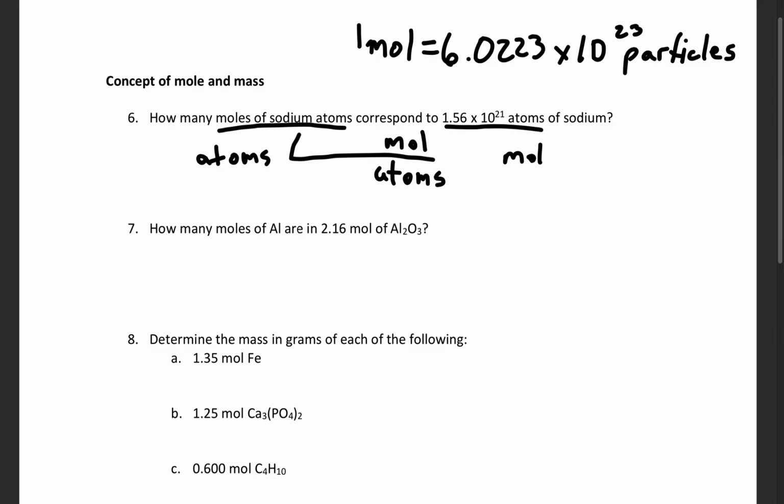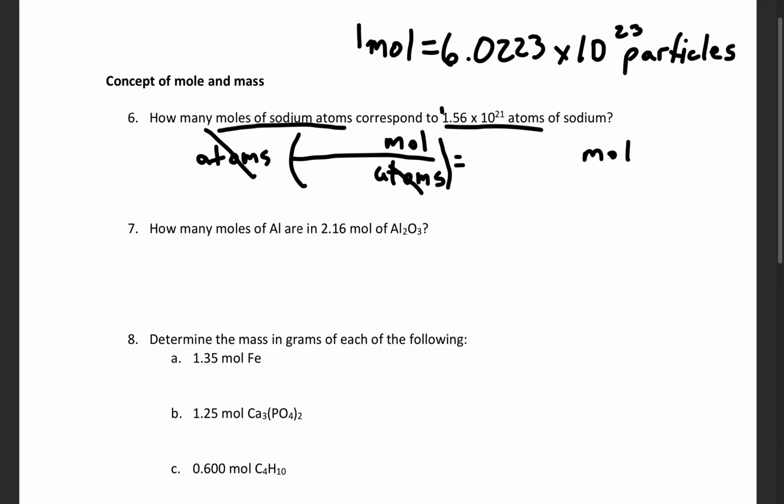So here's our conversion factor. I can already tell that this is going to be way too close. Let's get this out of the way. All right. My atoms cancel out. My moles are left behind.